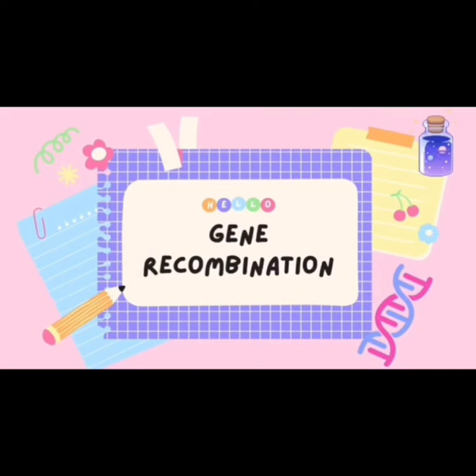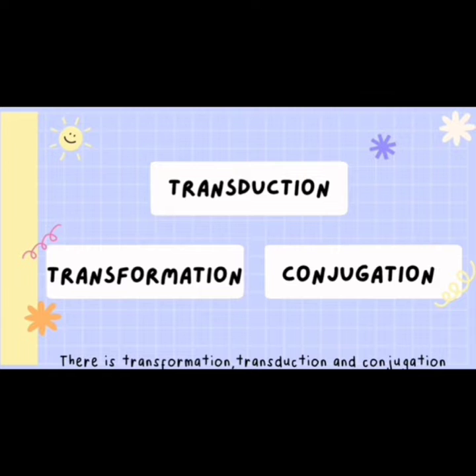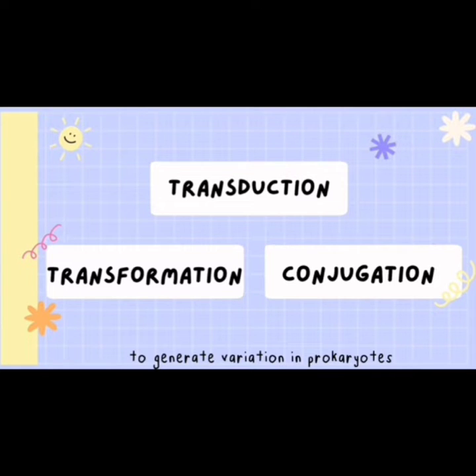Me and my teammates choose the topic gene recombination, which is in chapter 6. There is transformation, transduction, and conjugation to generate variation in prokaryotes.